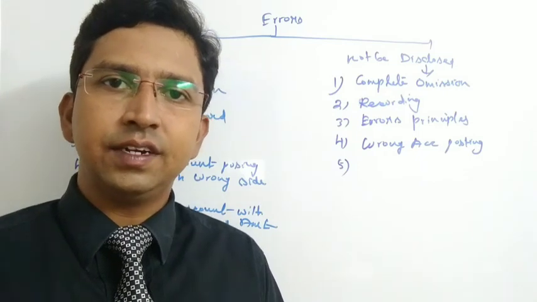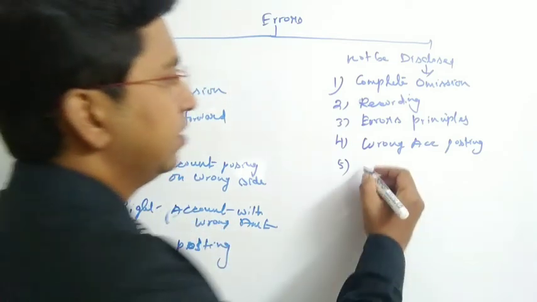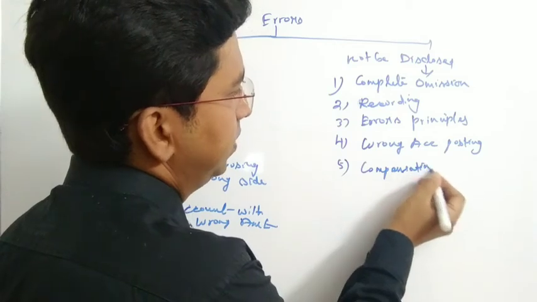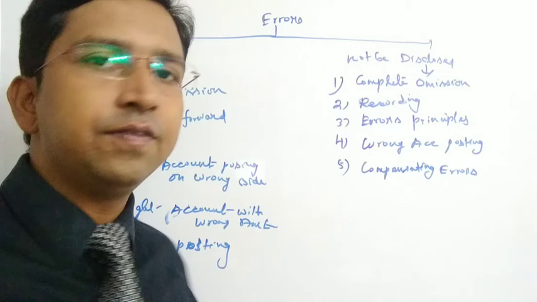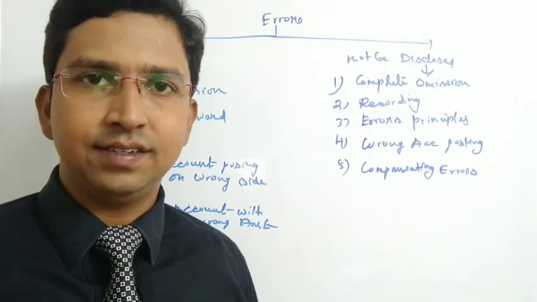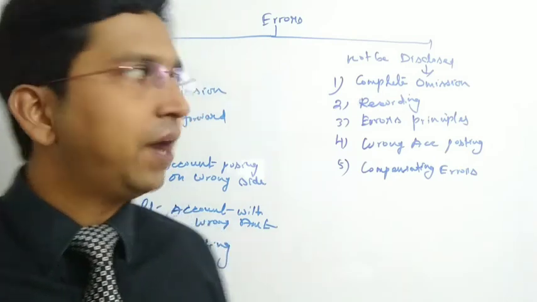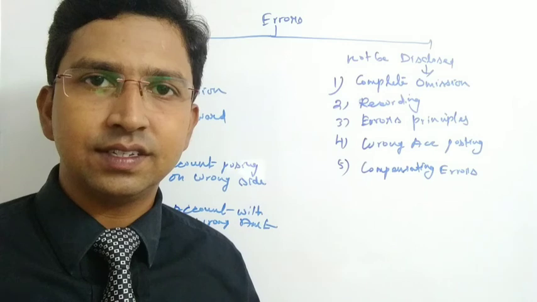So these kinds of errors are called compensating errors. Compensating errors also cannot be identified with the help of the trial balance. Even though the trial balances are equal, we might have these kinds of errors in our accounting process.